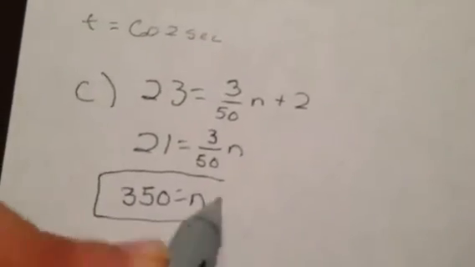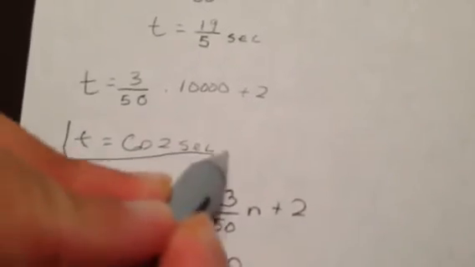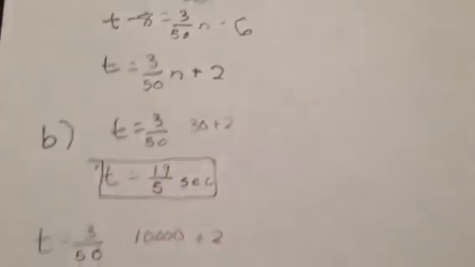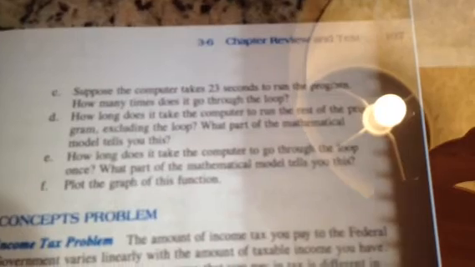Now we have those 3 pieces. And then we can go ahead and look at D. How long does it take the computer to run the rest of the program excluding the loop? Well, that would mean we have 0 loops.